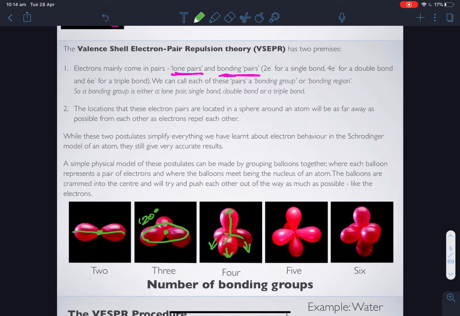And we'll learn that that's called tetrahedral. Now, when you get 5 around that central point, you get 3 in a plane around the outside, and then an up and a down. And then when you have 6, you get 4 in a plane, and then an up and a down. So this model with balloons works quite well for showing these shapes in 3 dimensions.